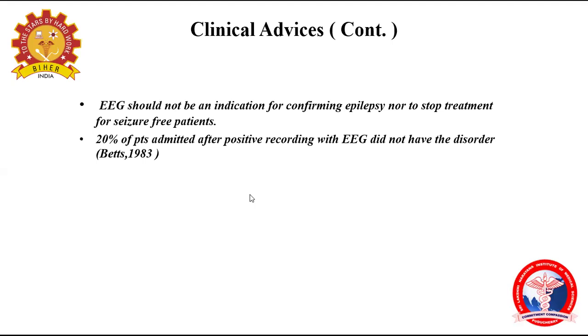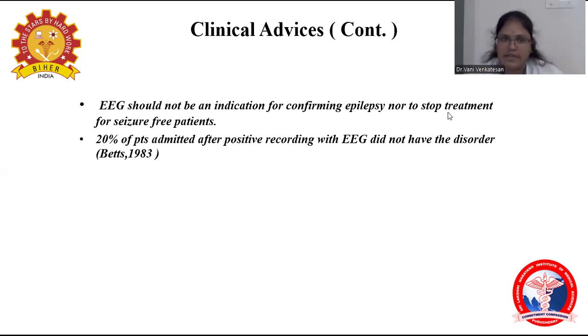So there are certain points to be remembered while treating an epilepsy patient. You will tell your patient that there are certain things to be remembered. Make sure you take your medication on time.